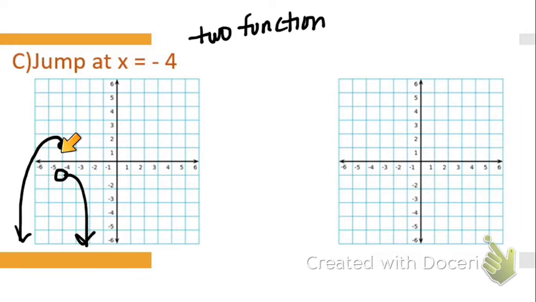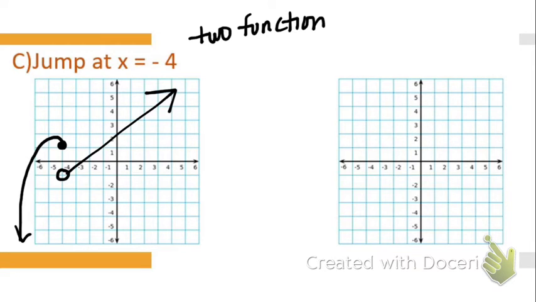I don't have two closed circles, because if you have two closed circles, that's not a function. The definition of a function is that x has only one y value. So if I have two closed circles, that means that x equals -4 will have two different y values. That's not okay. That's not a function. So that would be okay. You can even have a line, that's a function.